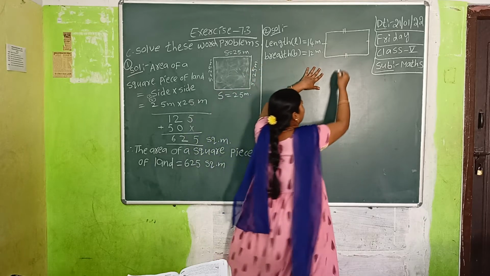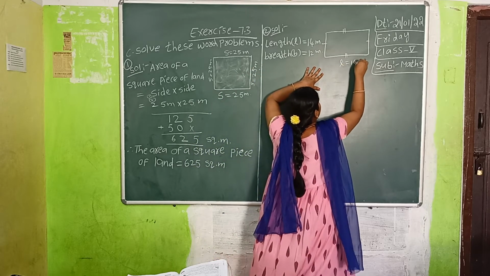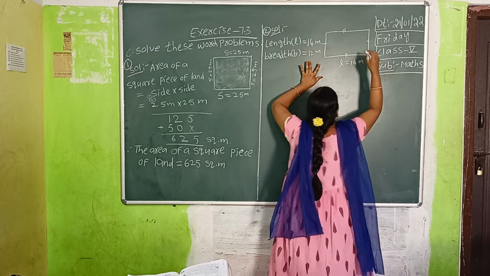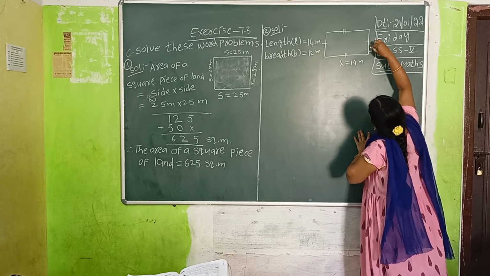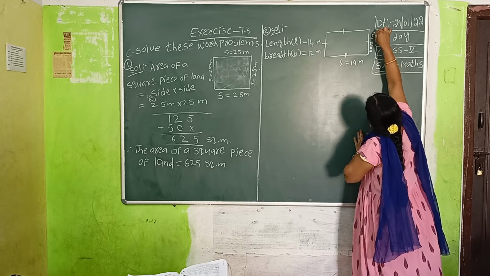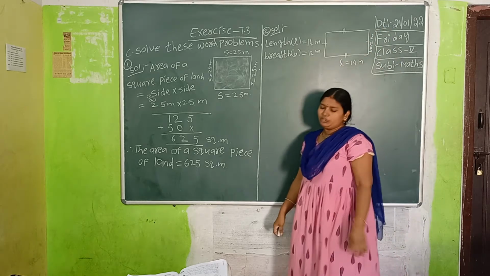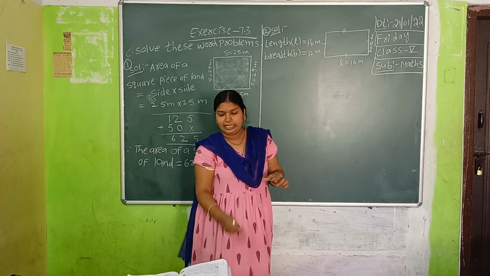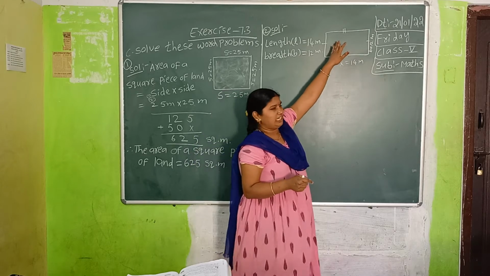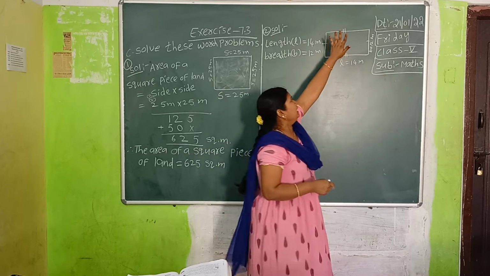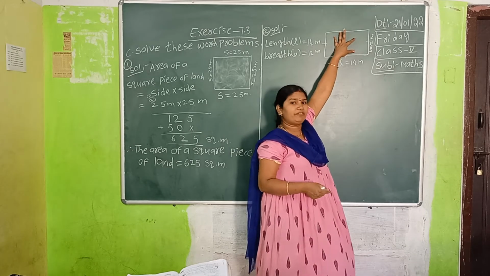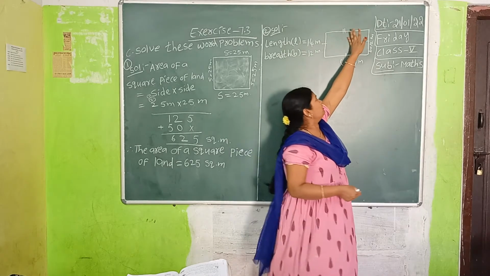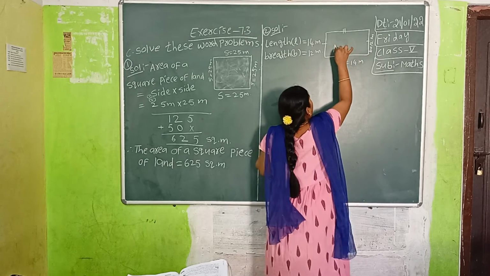Length is nothing but this sleeping line, it is 14 meters. And breadth b, this height, is 12 meters. Now you have to find the area of this rectangle shape. Area is nothing but how much space is inside. The total space you have to find now. The total space inside is known as area.